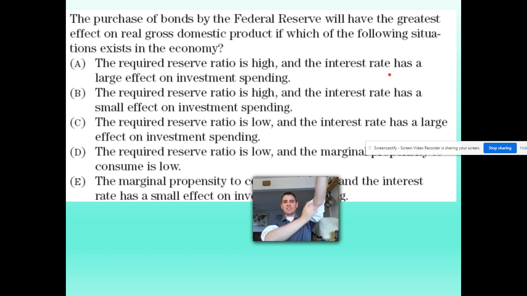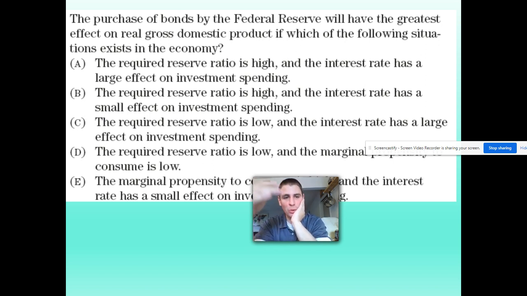The purchase of bonds by the Federal Reserve will have the greatest effect on real GDP if which of the following situations exist in the economy? The reserve ratio is high. No, because banks can't loan out as much money. So we know A is wrong. Again, we don't want the reserve ratio to be high. We want them to be able to have more money.